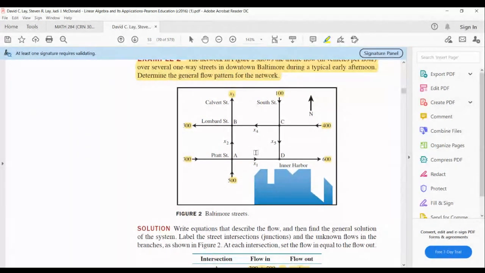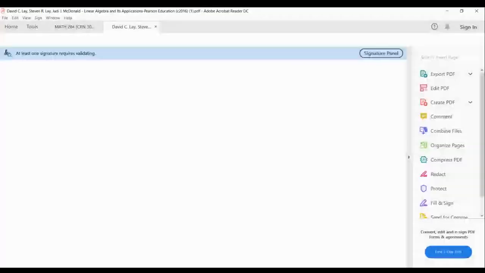It's about traffic planning. Or you might want to put a crosswalk between Pratt and Lombard Street, and that would slow flow down a little bit, and what kind of flow are you going to allow?